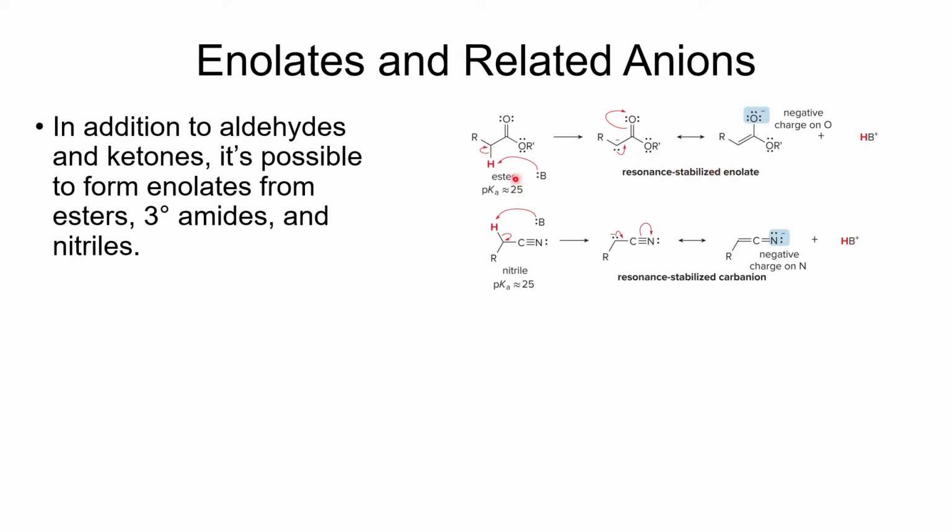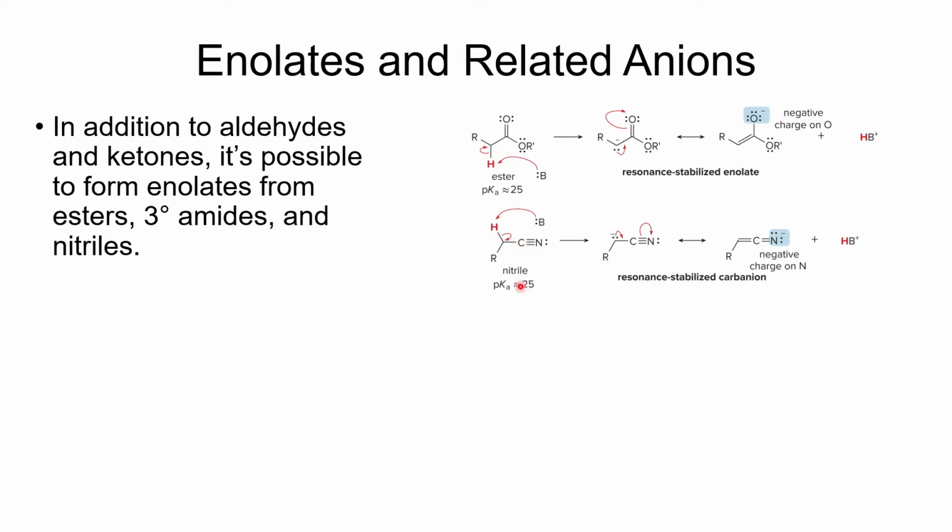Now this one is not quite as acidic as the ketone. The ketone had a pKa of about 19. This one has a pKa of about 25. The reason it has that pKa of about 25 is that this oxygen donates a significant amount of electron density, making this less stabilizing than it is with the ketone.